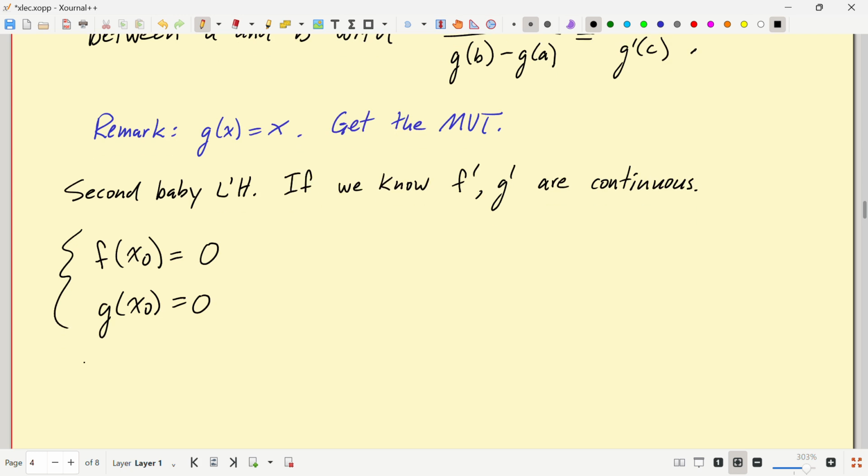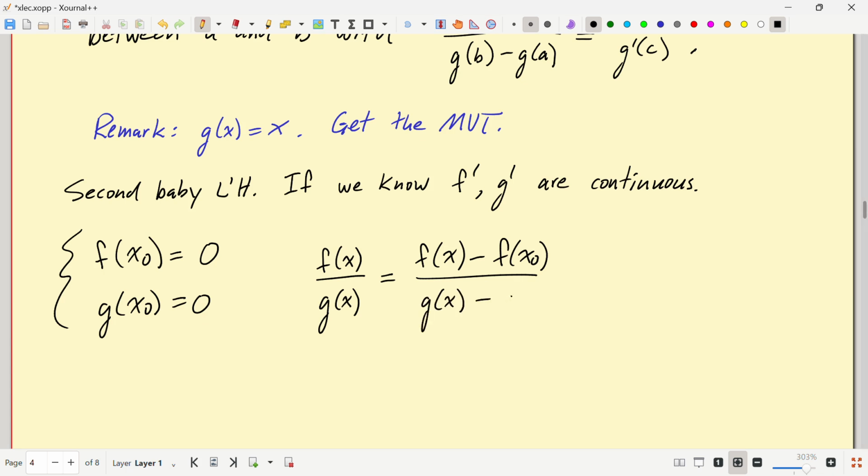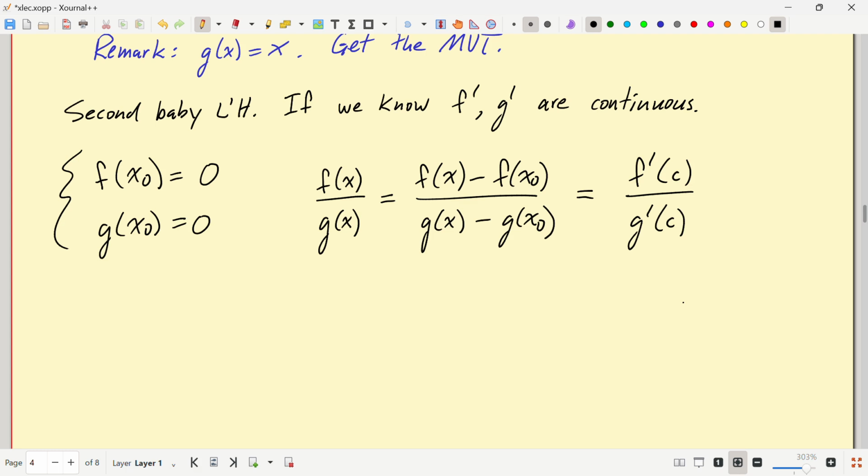Okay, then if I want to calculate, I'd write f of x over g of x as f of x minus f of x naught over g of x minus g of x naught, since I'm just subtracting 0. And then I would use the extended mean value theorem here and write that as f prime of c over g prime of c, where c is between x naught and x.